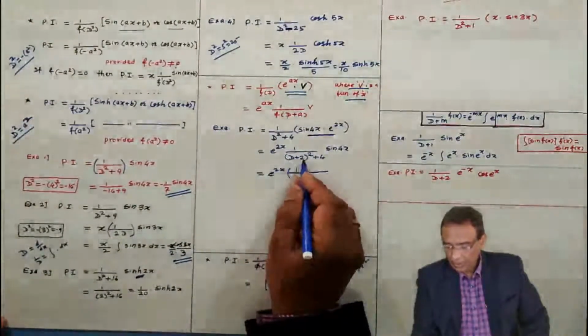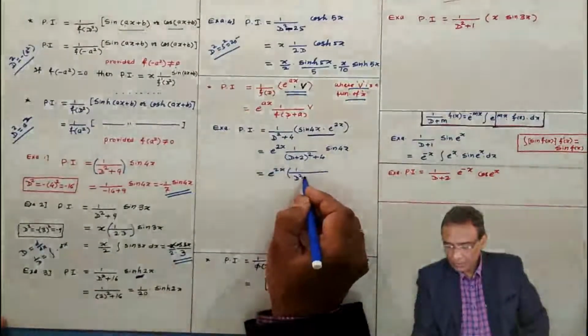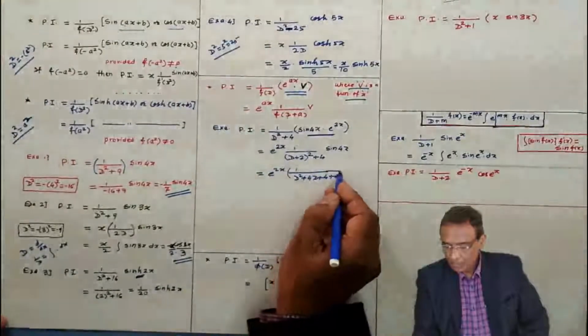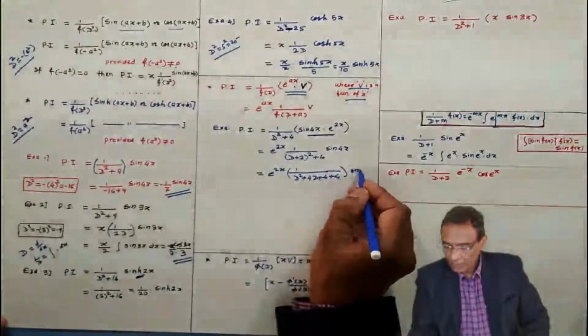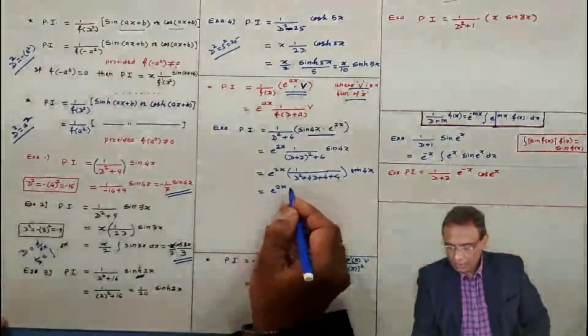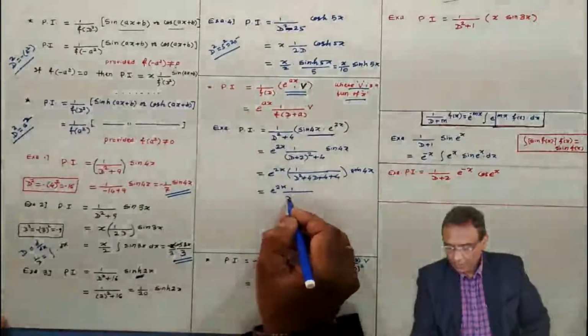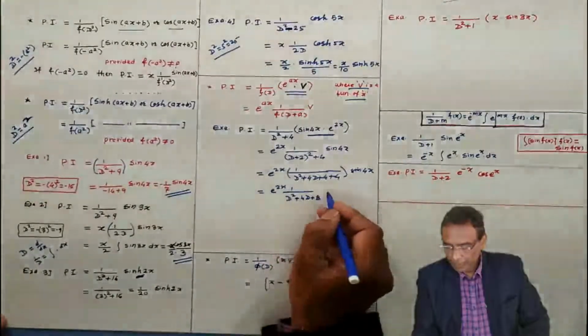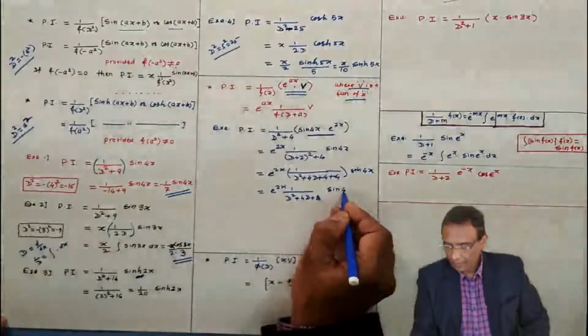1 by (D plus 2) whole square plus 4 means D square plus 4D plus 4, this 4 is already there, sin 4x. And e to the power 2x, try to solve one more step: D square plus 4D plus 8 on sin 4x.